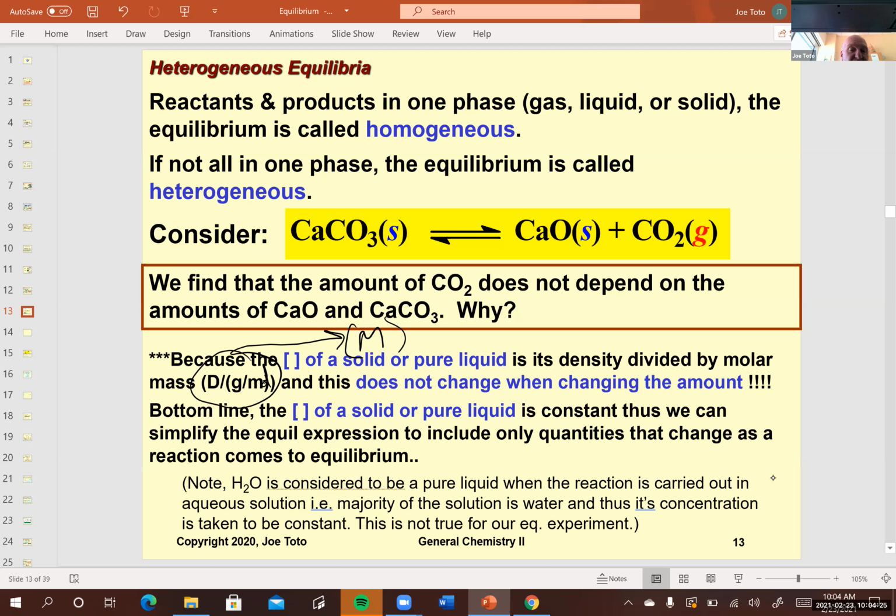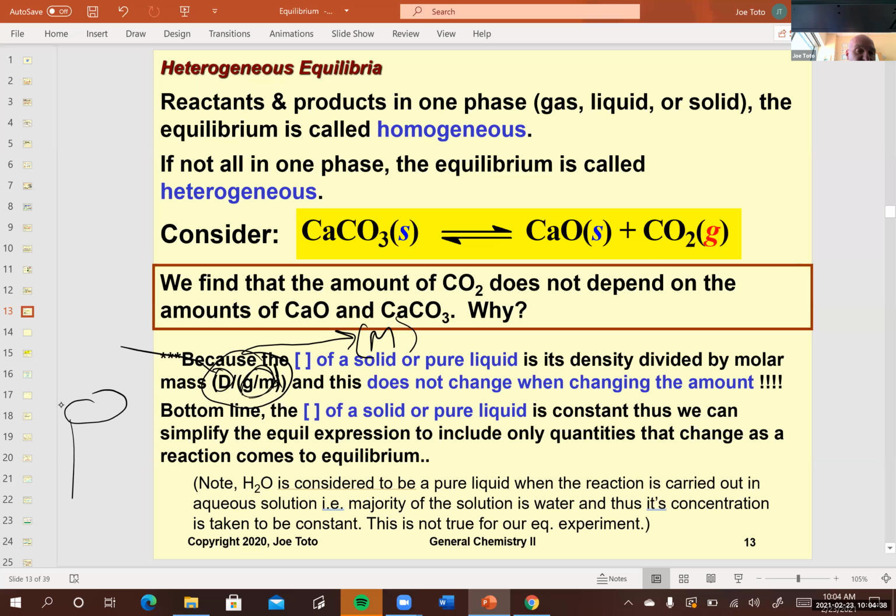And the density of a solid doesn't change during a chemical reaction, and neither does its molar mass or its molecular weight. So if a reaction takes place with a solid in the bottom of a beaker, okay, we lose some of the solid and maybe it dissolves, but its concentration doesn't change.